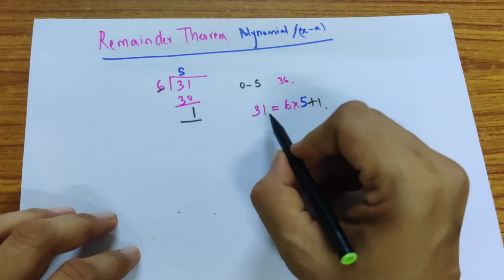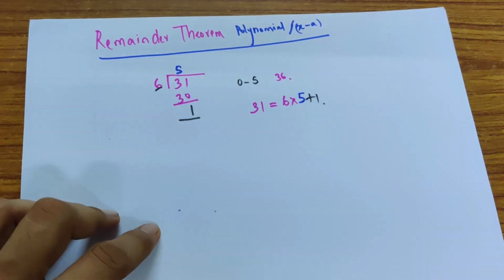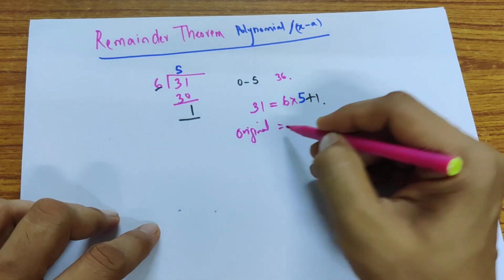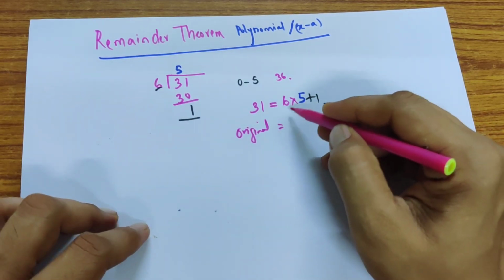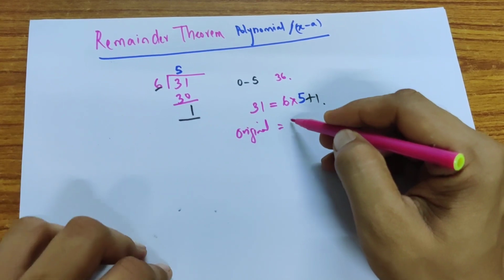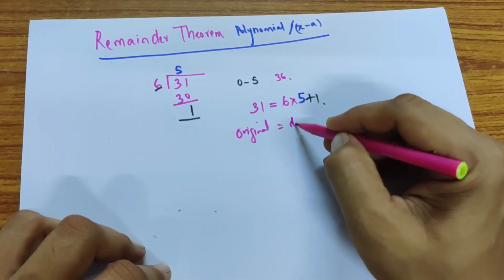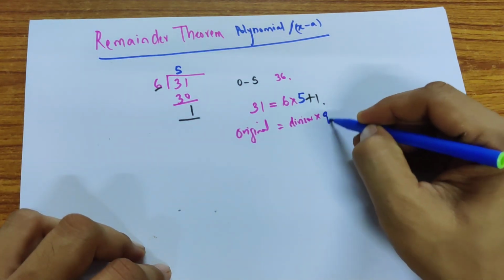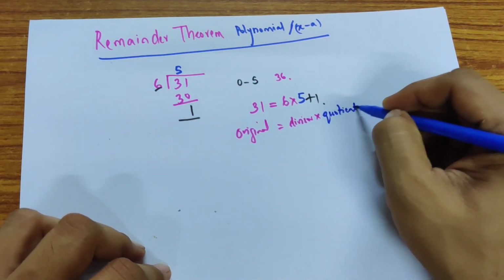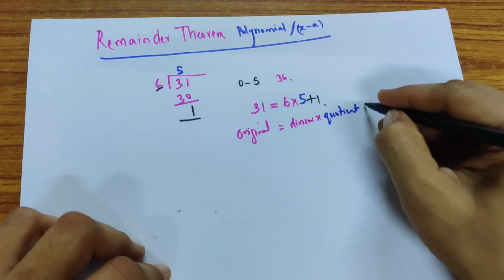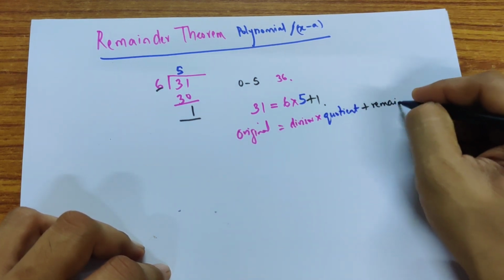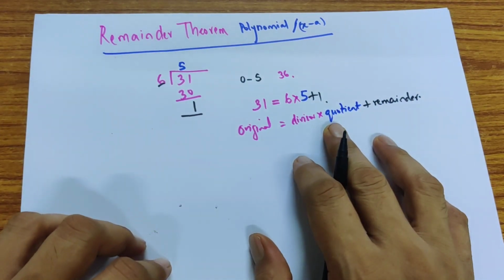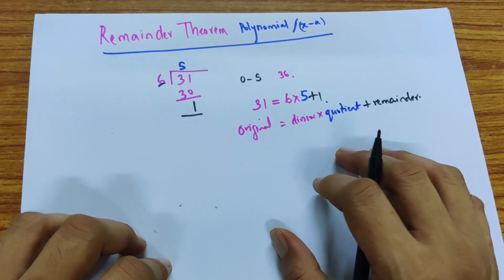So I can write the original number in terms of what I was dividing by: the divisor, times the quotient, plus the remainder. This is fundamentally the concept we will be using in order to understand the remainder theorem.